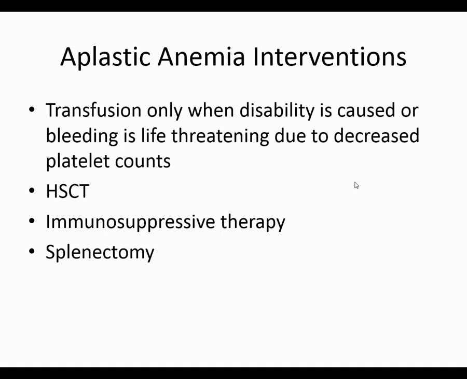Bone marrow transplant is the treatment of choice for the severe aplastic anemia when a suitable donor exists. You're going to have anti-lymphocyte globulin, the ALG, and anti-thymocyte globulin, ATG, are going to be the primary drugs to treat the aplastic anemia.